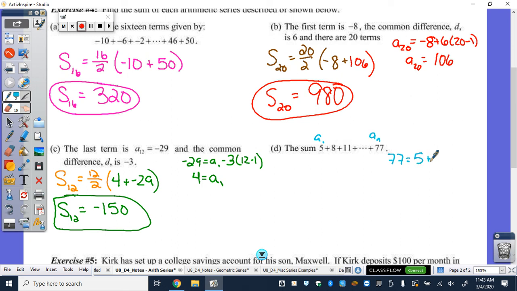What are we adding each time? We've got to figure out what n is. What does n end up being?